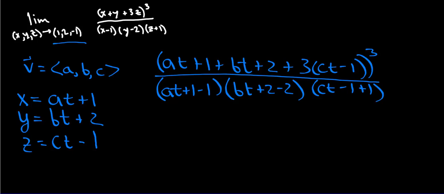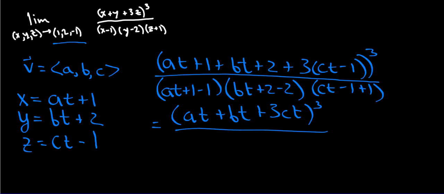Now let's see what we've got here. Up top, I've got AT plus BT plus 3CT. See, because the 1 and the 2 make 3, and then we have a negative 3.